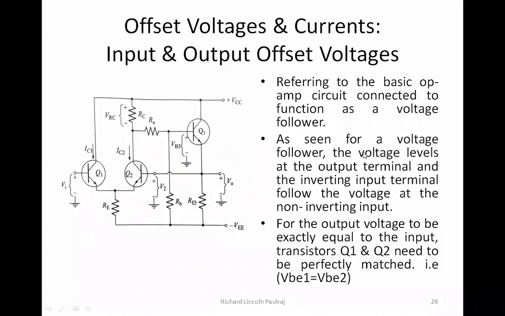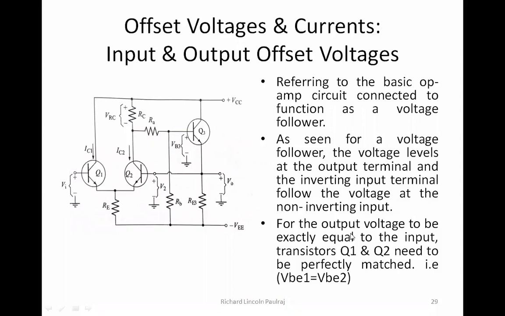As seen for a voltage follower, the voltage levels at the output terminal and inverting input terminal follow the voltage at the non-inverting input. That is what we discussed, right? Whatever is at the input, the same thing tries to stay at the output. So the levels are tried to be maintained.